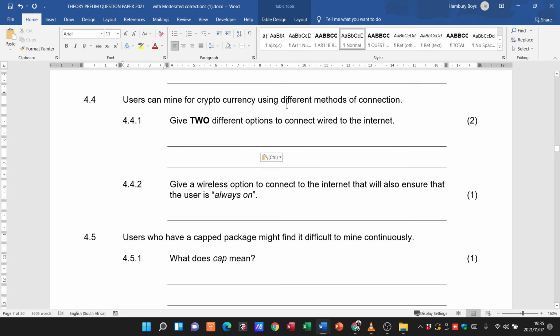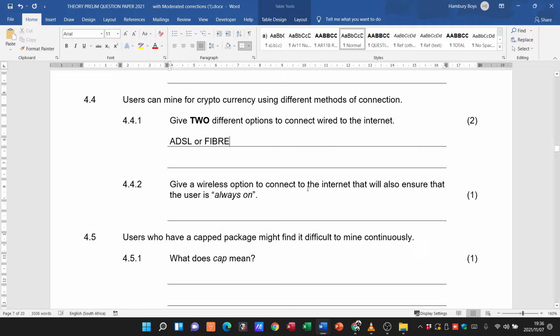Users can mine for cryptocurrency using different methods of connection. Give 2 different options to connect wired to the internet. Okay, now we're talking about a physical line that's bringing the internet into your property. The only 2 we know at the moment are ADSL or fiber. Those are our wired connections.